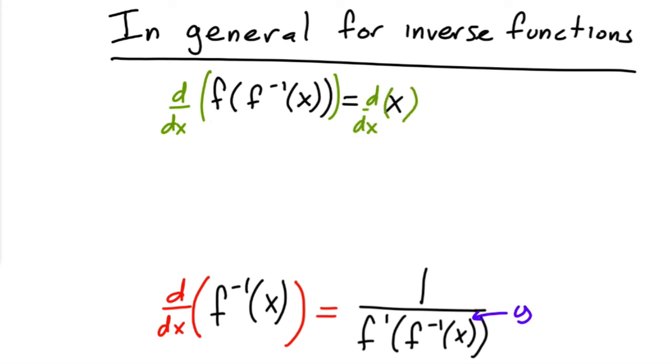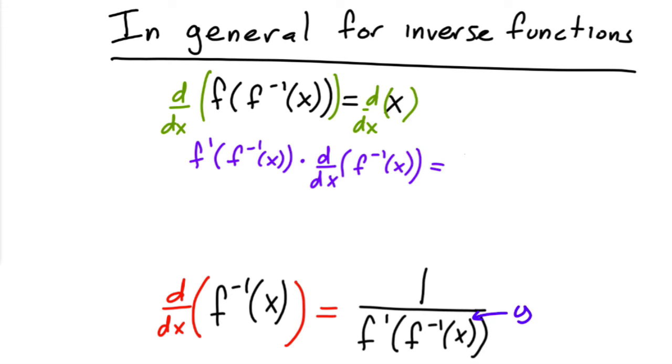On the left side you have that this is equal to f prime of f inverse of x times the derivative of the inside, which is f inverse of x, is equal to 1.